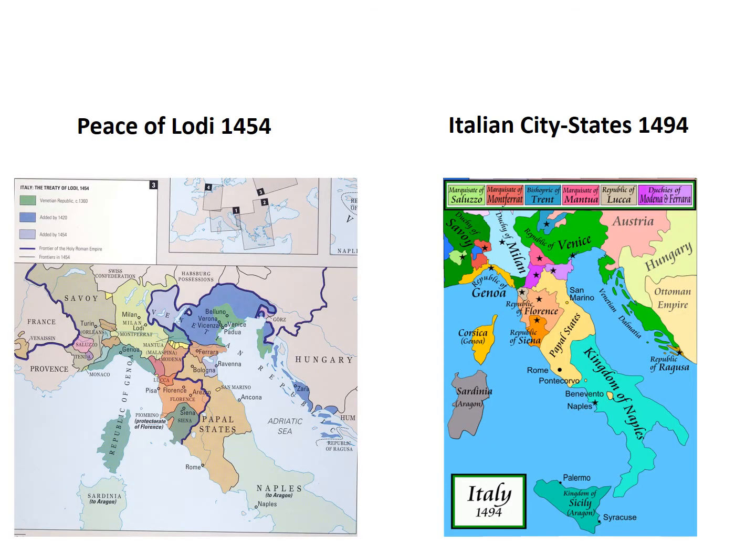The Peace of Lodi in 1454 helped to bring about some peace among the warring Italian city states, all those independent Italian city states. And we see that they will still not be united politically, but that will allow for the fighting to stop between those nations.